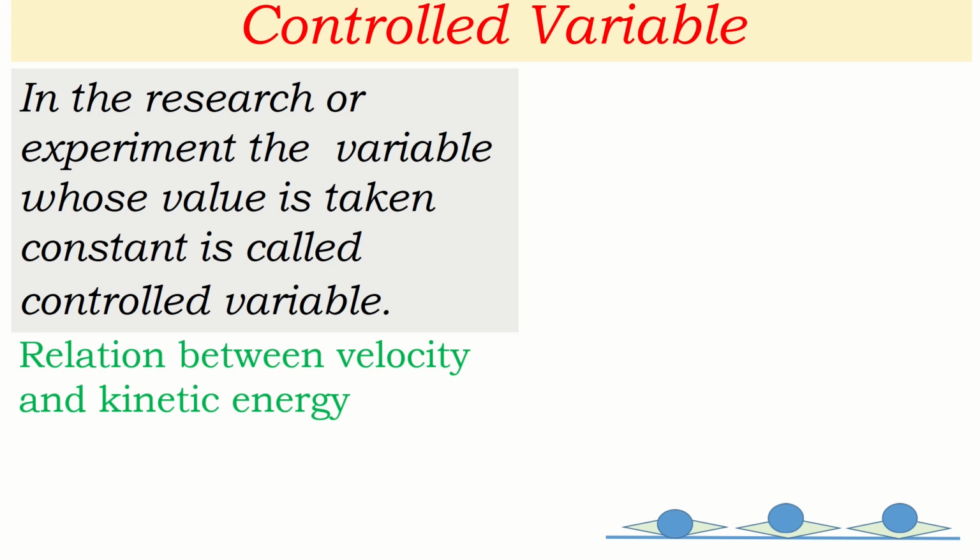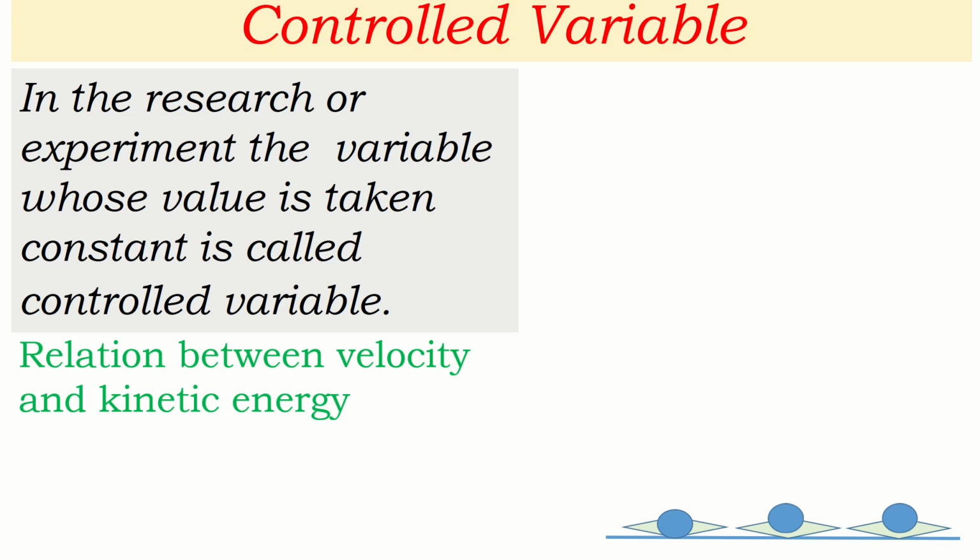If the body has more kinetic energy, certainly that kinetic energy converts to sound energy. That's why if the sound is more, then the kinetic energy contained in that body will also be more. And that's why when velocity is increased, the kinetic energy of the body is also found to be increased.